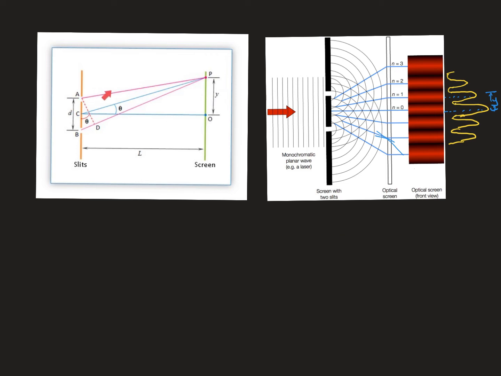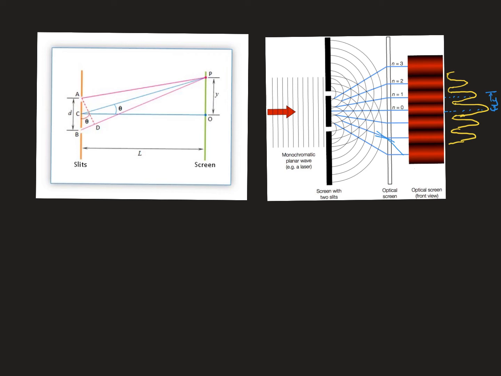So the path length between those two lines, this is a wave and this is a wave, and obviously the path lengths are different. The path length difference between those two is this part, and let's say that's small delta. This angle is theta and this angle is theta. So that means this is equal to d sine theta.